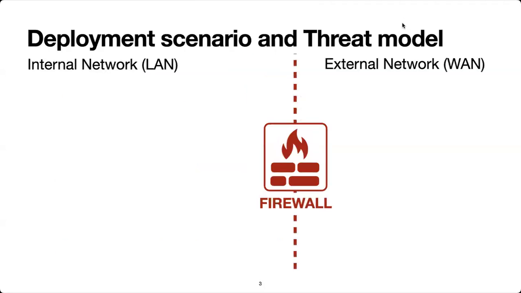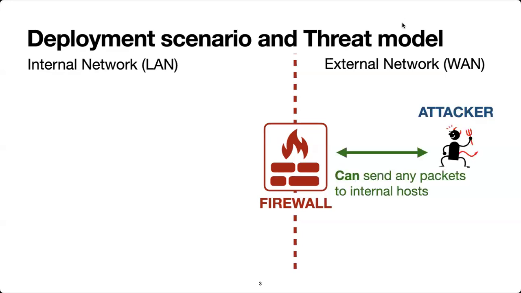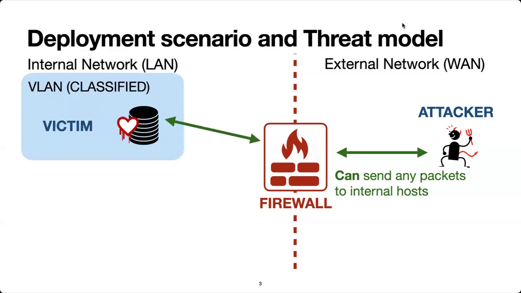So let me give you an example of a concrete deployment scenario where this can happen. So we have the LAN and the WAN separated by the firewall. The attacker is a host on the external network, which can craft and send any TCP packet destined towards an internal host. There's a critical victim server lying inside the internal network.